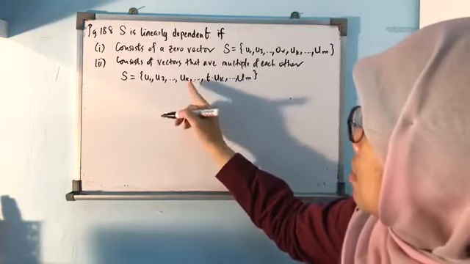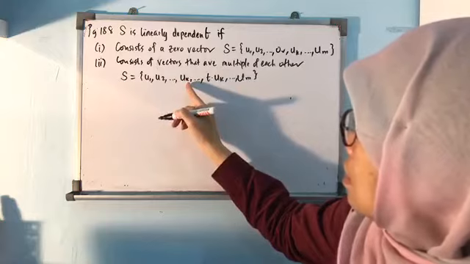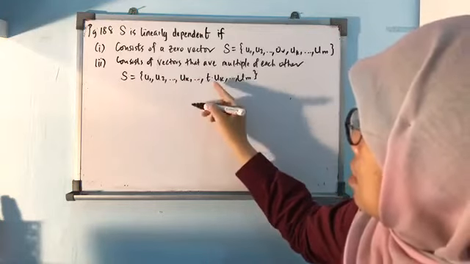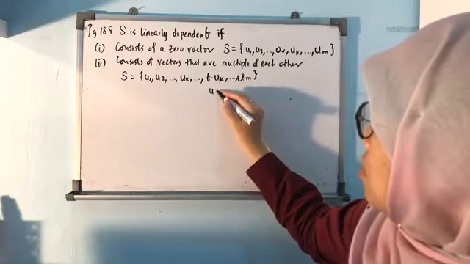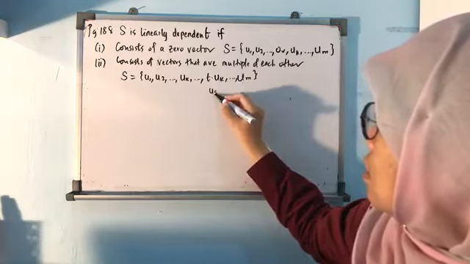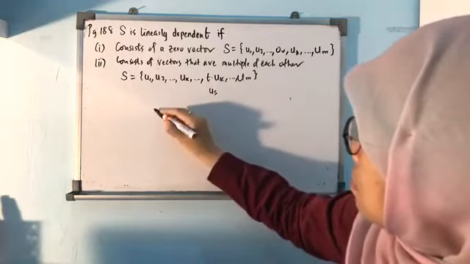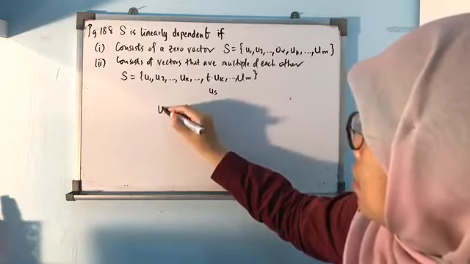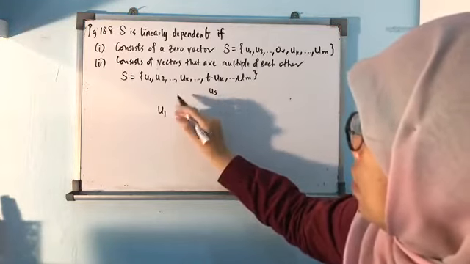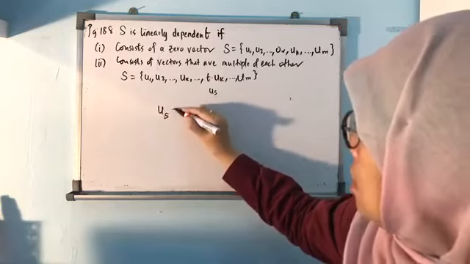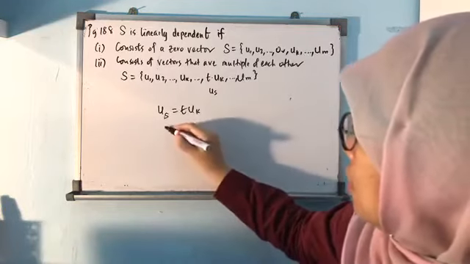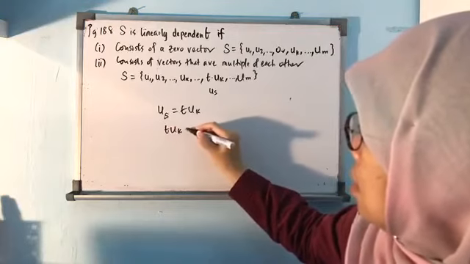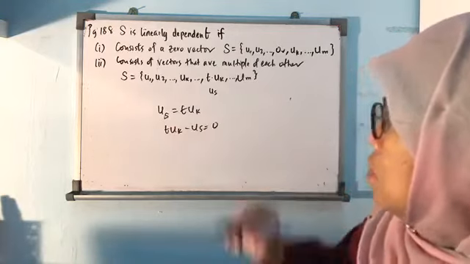Call this US. So if US is T UK, you will write T UK minus US is 0.